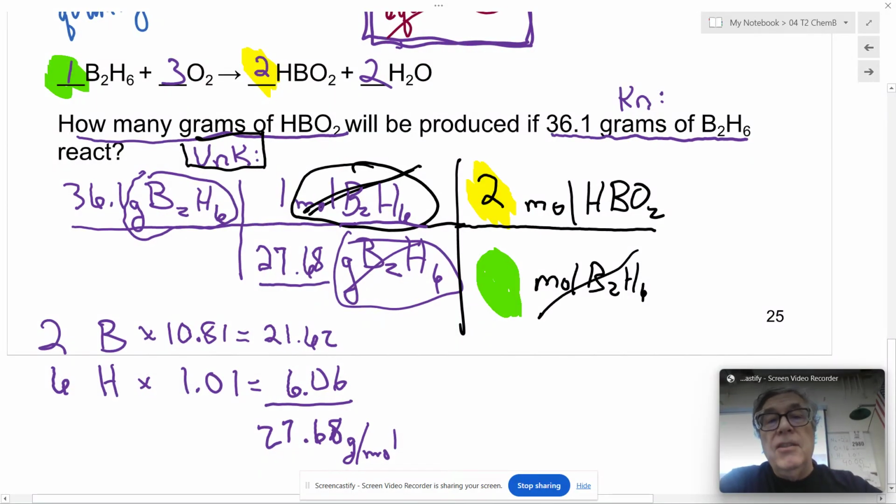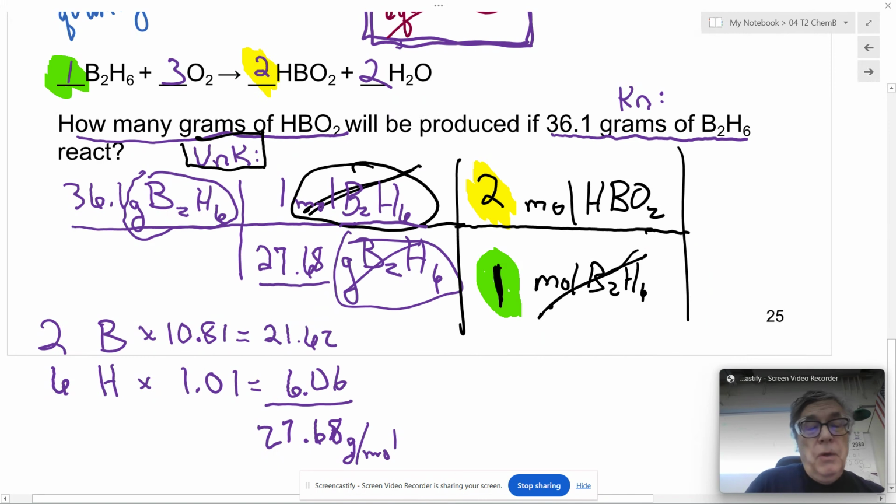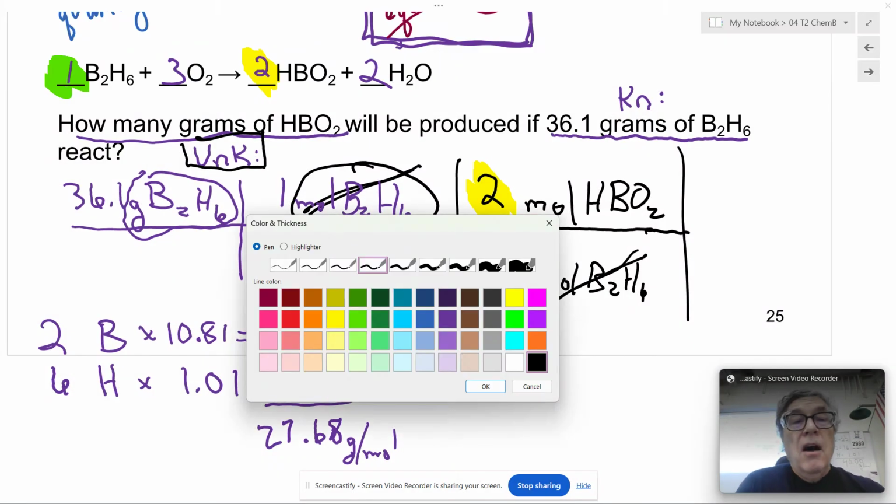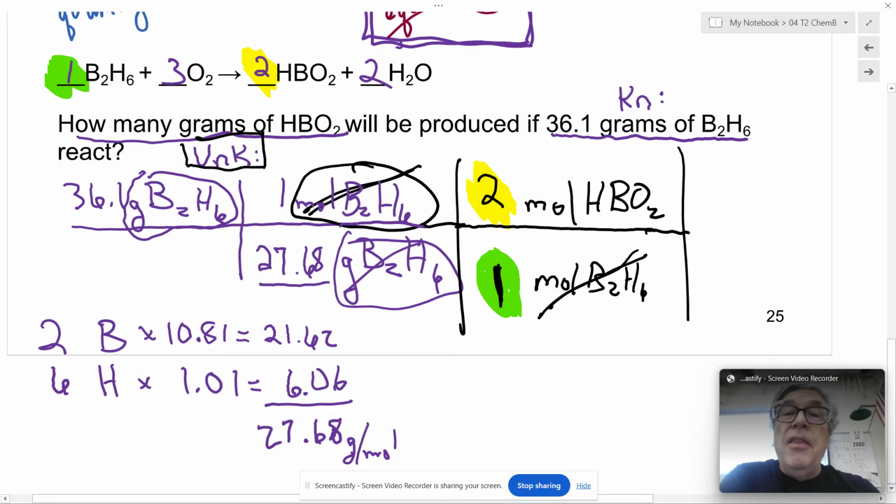We're going to cancel out these units that factor out because they're the same on the top and the bottom. So what's the number in front here in the green highlighted area? Well, that's the number from the balanced chemical equation. So that is the mole ratio. That's really the new step you've learned here. All the other steps we had been doing previously, and we've just added them all together.